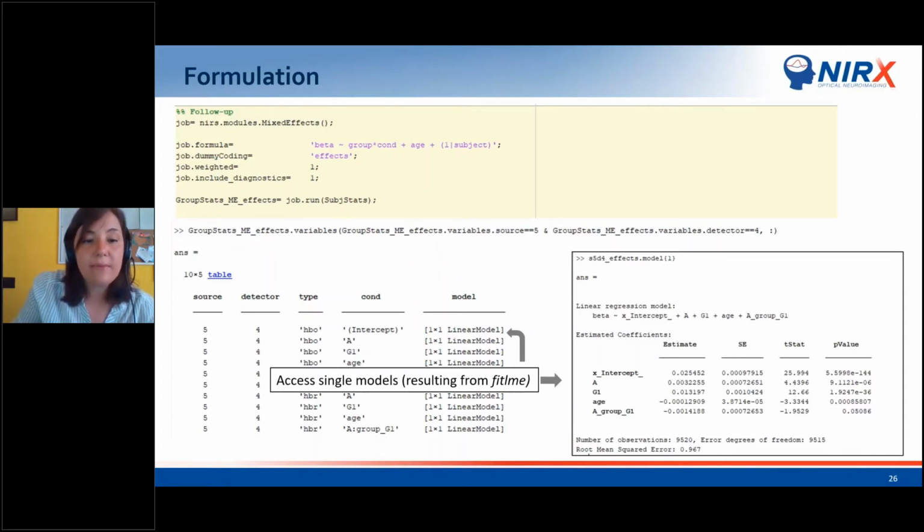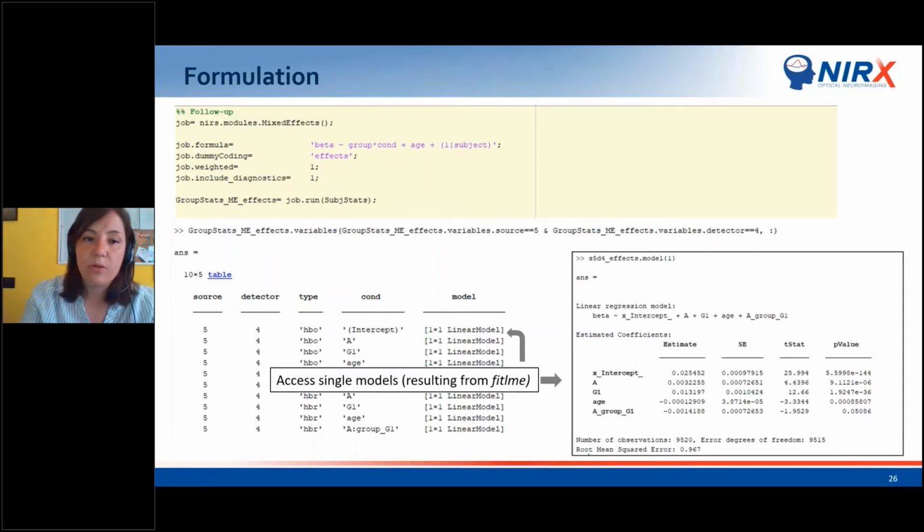As I said, it is all wrapped around the built-in fitlme function from MATLAB. So if you go inside these group stats variables, you get this table. You can access the single models, as returned by the native fitlme function. And this is very useful because, apart from giving you the results here, the estimate, the standard error, the t-value, and the p-value, it also yields the root mean square error, which is a criterion that we want to use to assess the goodness of our model.